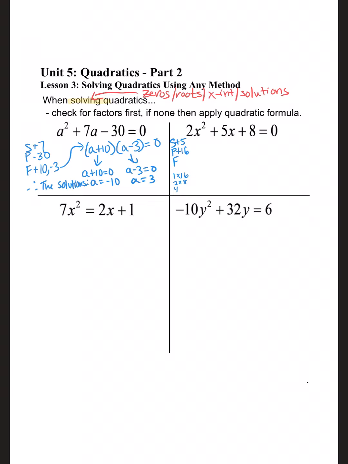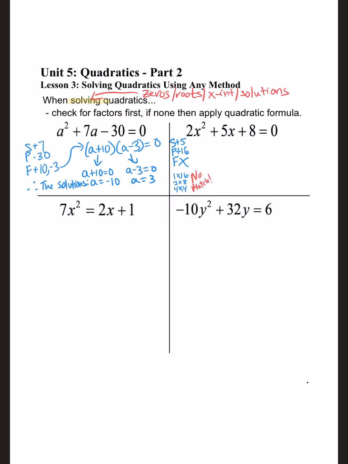Okay, I don't see any of those factor pairs that will work to add to 5 but multiply to 16. So there's no factors. So I'll just say no match for what we're trying to do.